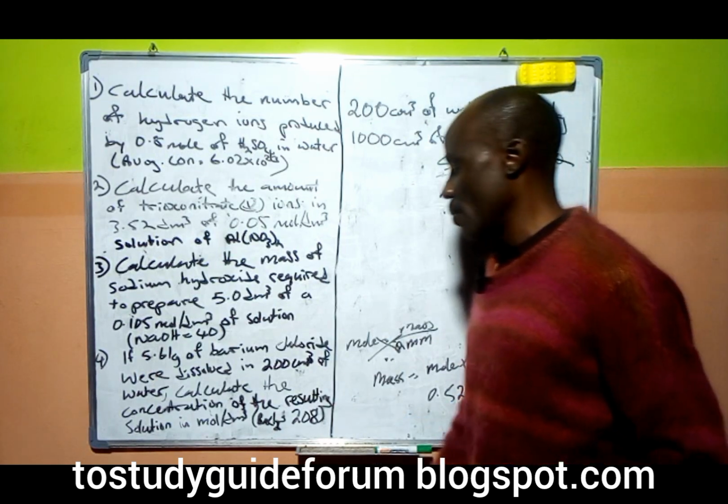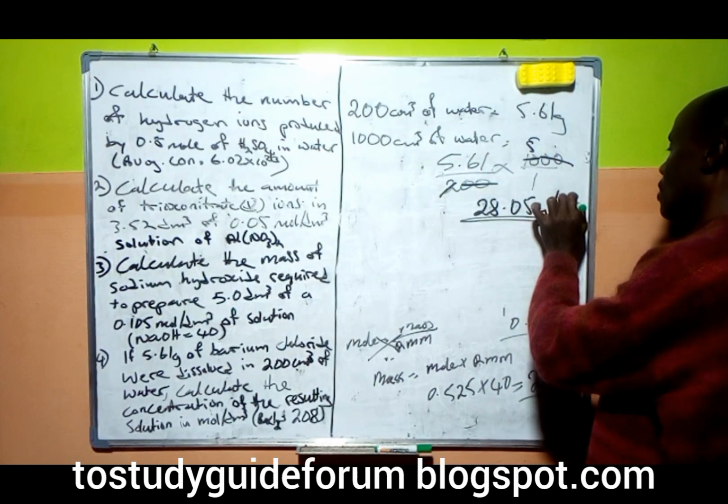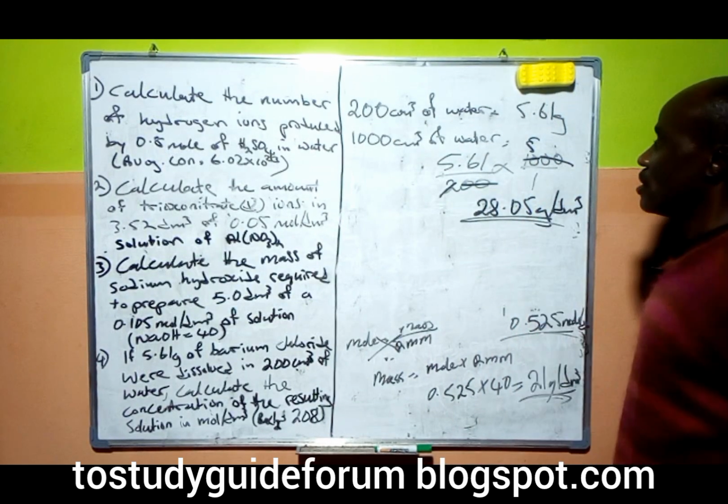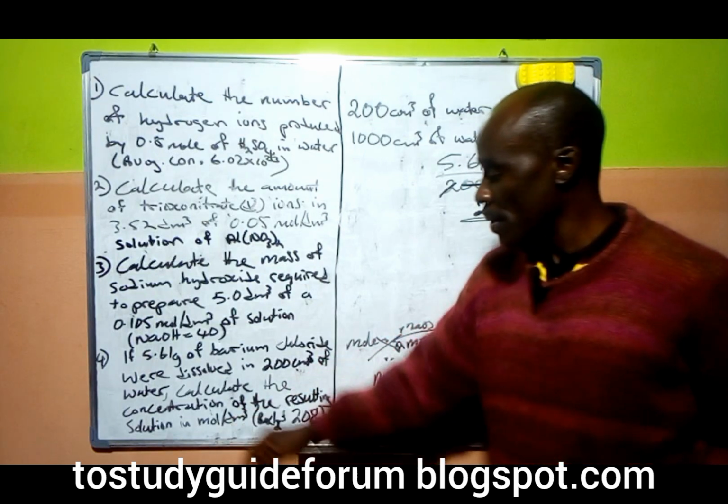But the answer we need is mole per dm cube. We have it in gram per dm cube now. So we need it in mole per dm cube.